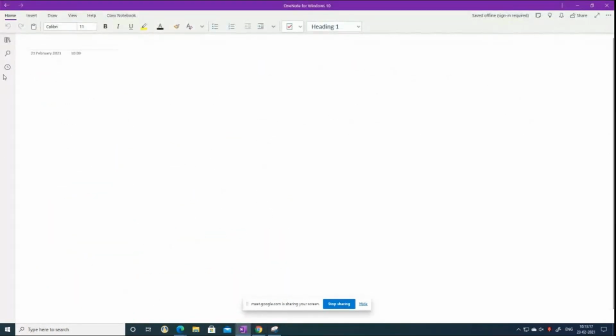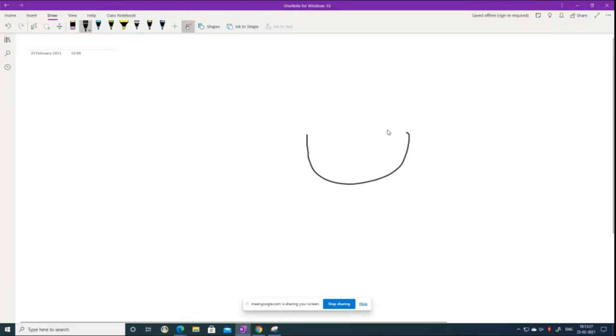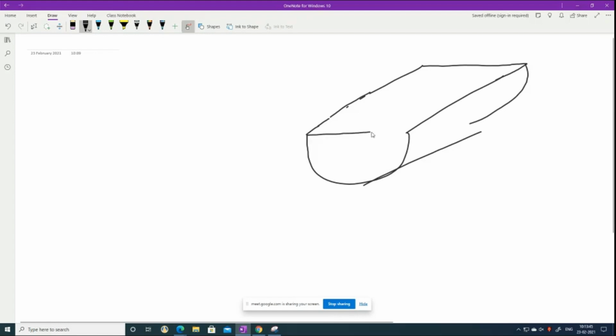So here, what you have is a semicircular duct. It is like this. This is a semicircular duct. It's like this.